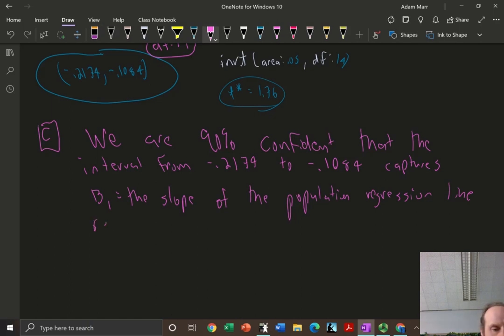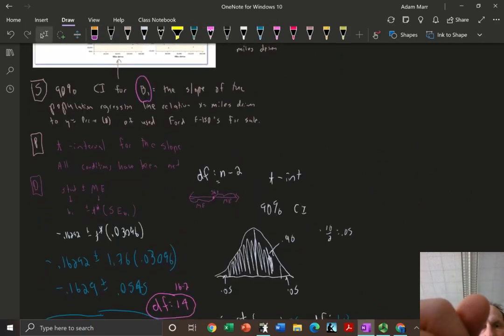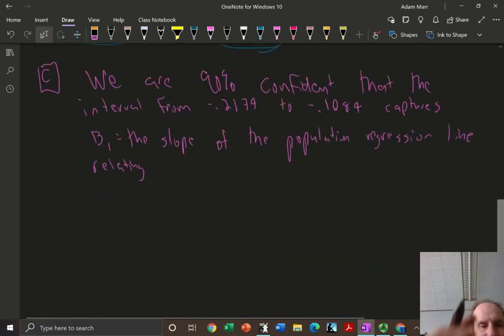And that is relating, remember right here, x equals miles driven to y equals price.